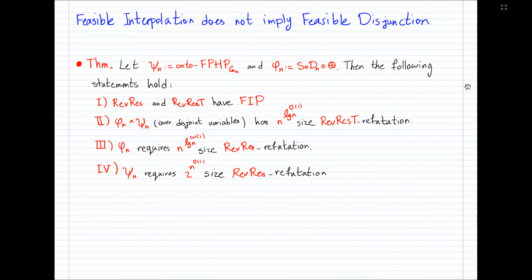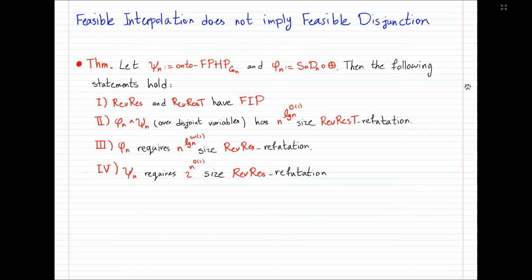As I discussed in the beginning of the talk, we gave two examples of proof systems which have the feasible interpolation property but do not have the feasible disjunction property. The proof systems are RevRes and RevRes-T, and both have the feasible interpolation property because they are sub-proof systems of resolution.